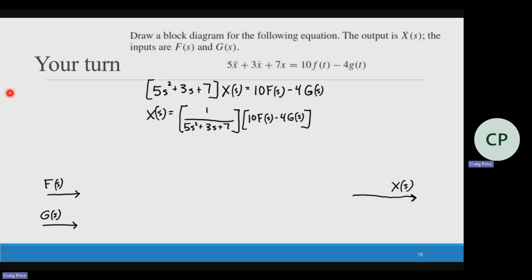So we just divide both sides by that polynomial. That essentially gives me a transfer function. I just have two inputs, or a combination of two inputs going into it.